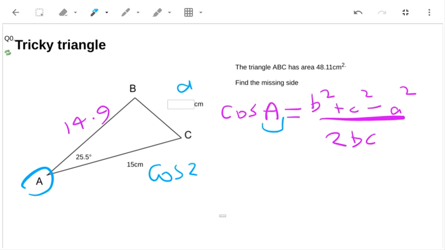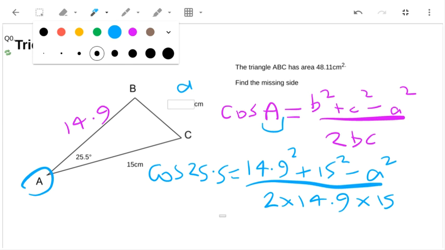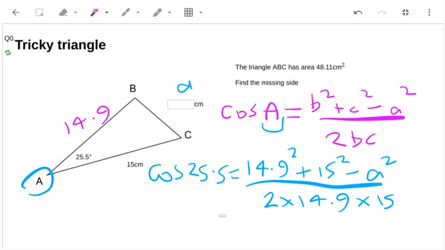So cos of 25.5, and now for the b and the c, that's going to be 14.9 squared plus 15 squared minus a squared, the only one that I don't know, divided by 2 times b times c.